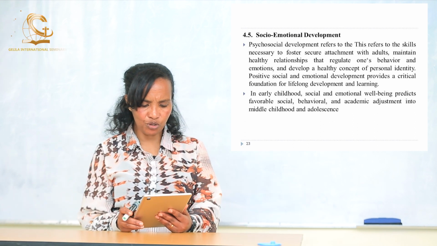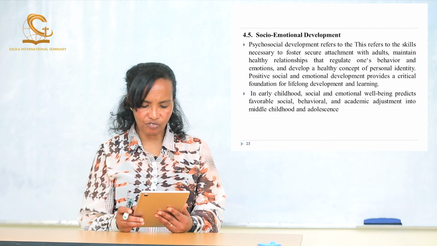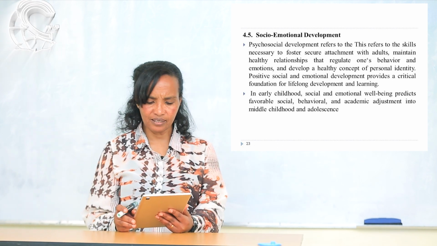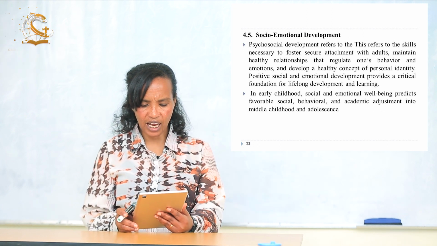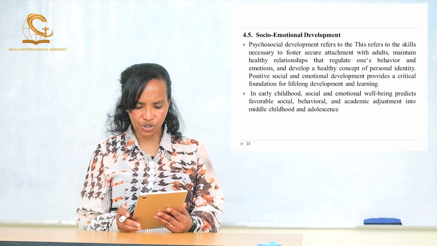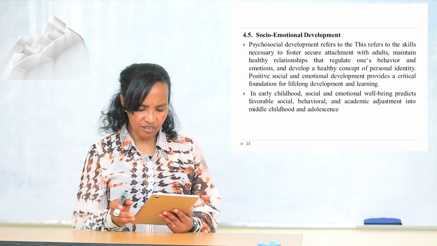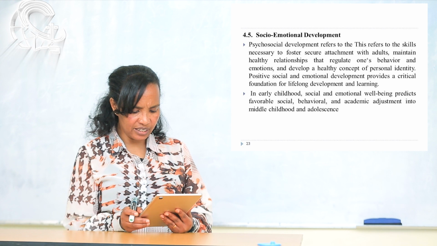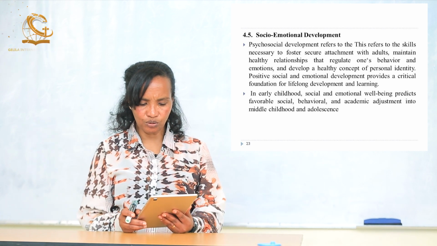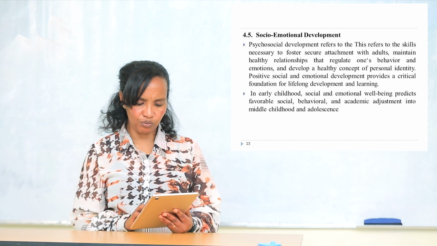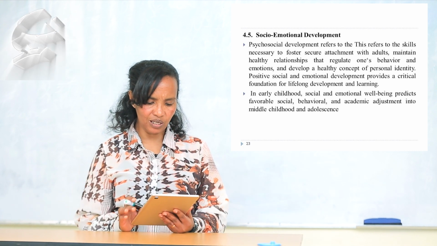Positive social and emotional development provides a critical foundation for lifelong development and learning. Early childhood social and emotional well-being predicts favorable social, behavioral, and academic adjustment into middle childhood and adolescence. So socio-emotional development is one of the important aspects of development in childhood.